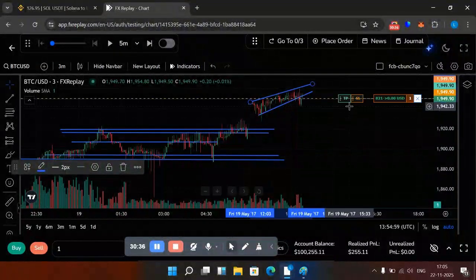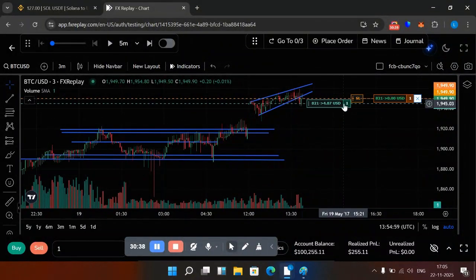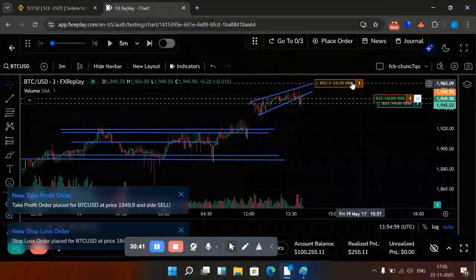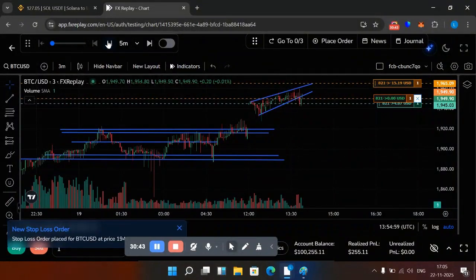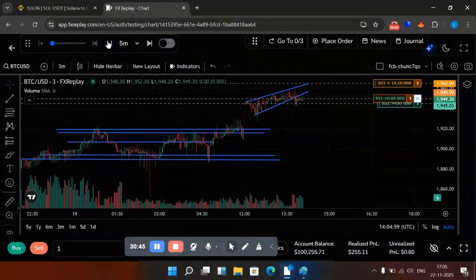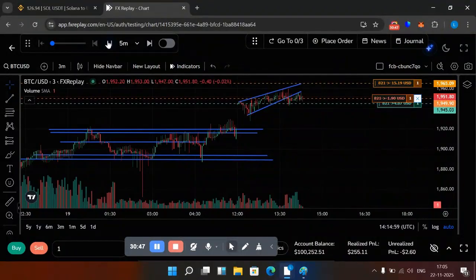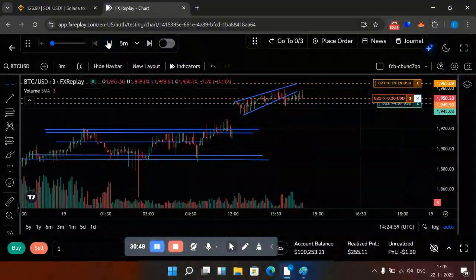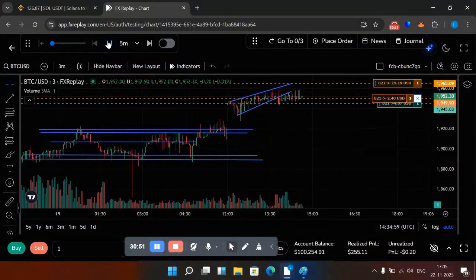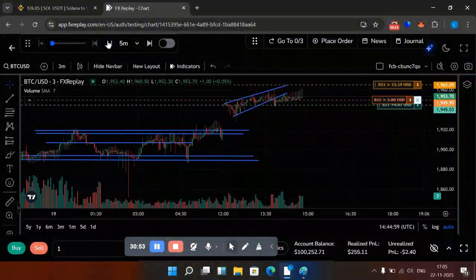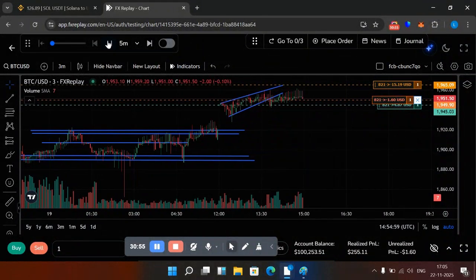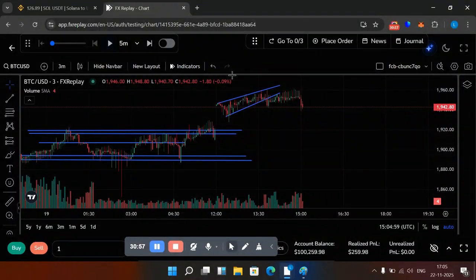Clear breakout is there. What is it doing? Price should go down obviously here. Here's a big move downwards, giving us moves. Yeah, downward move.